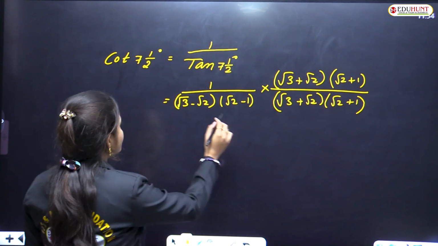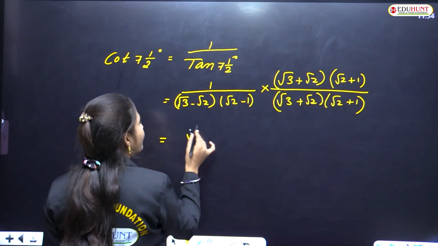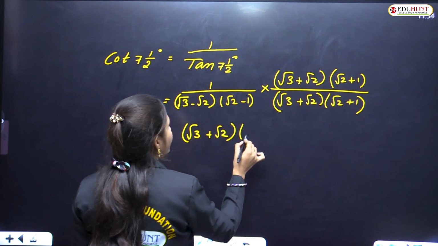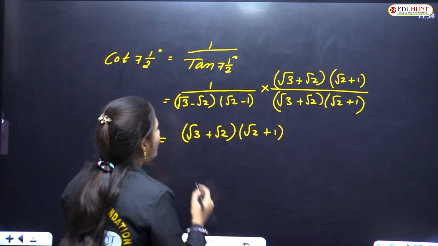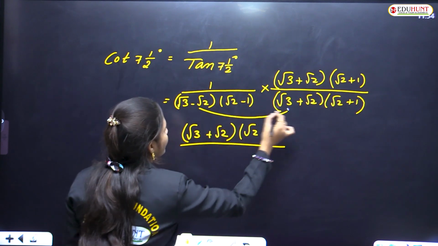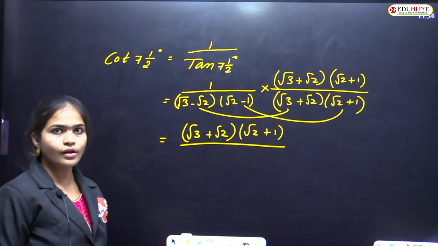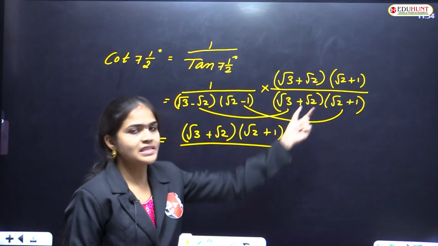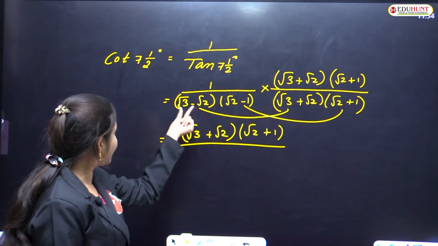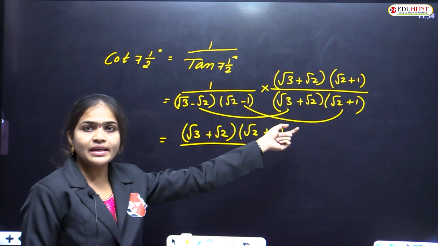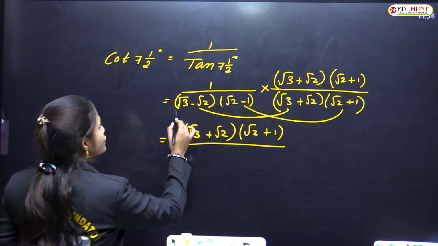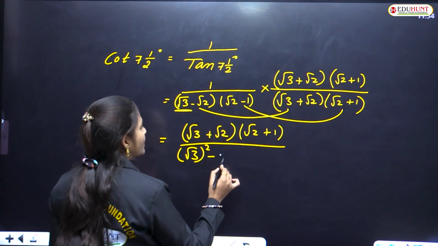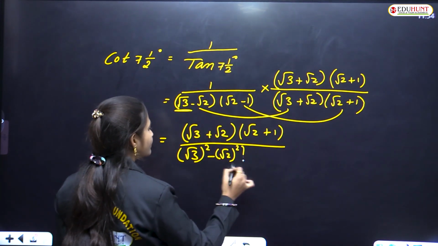Now just multiply the numerators, again we get the same thing: root 3 plus root 2 into root 2 plus 1. In the denominator we take the product of these two values. This is in the form of a minus b into a plus b, which is equal to a square minus b square. So a square is root 3 whole square minus b square, root 2 whole square.